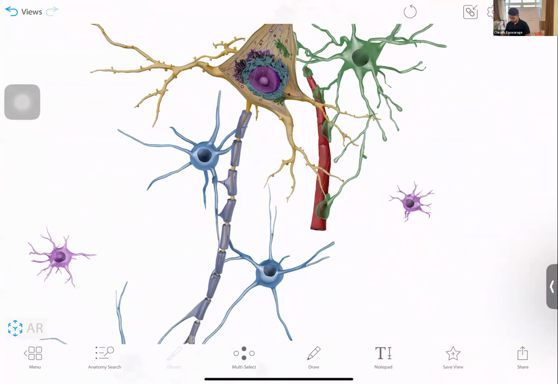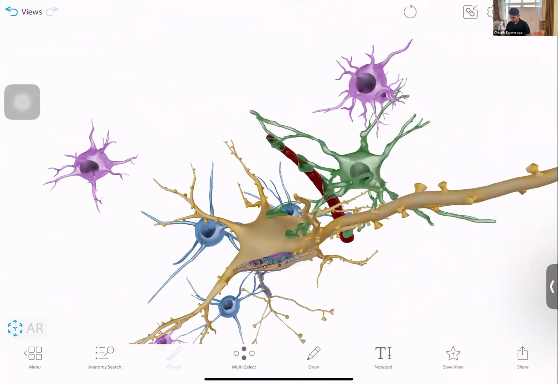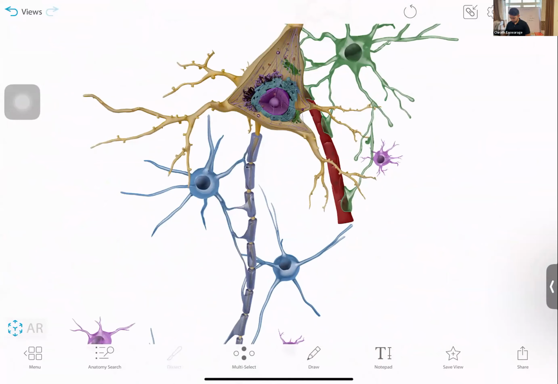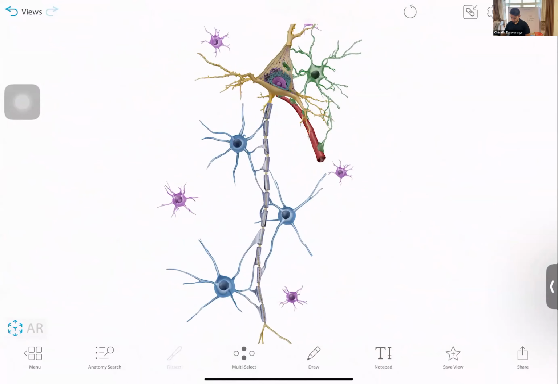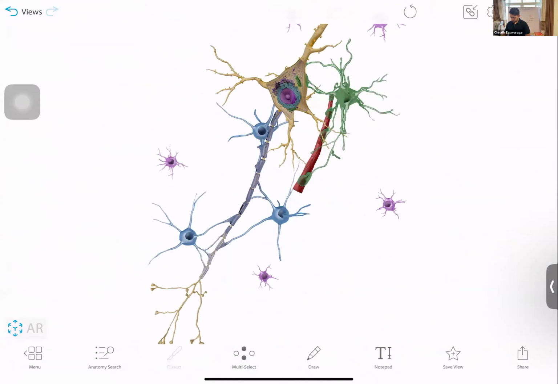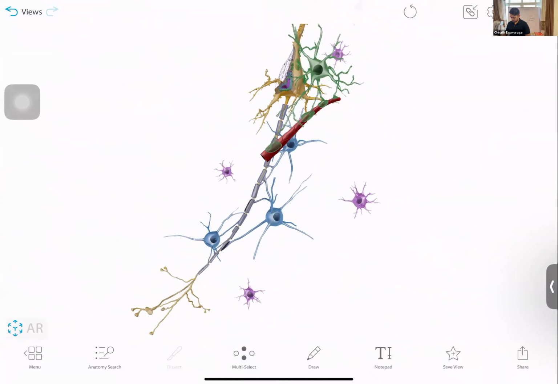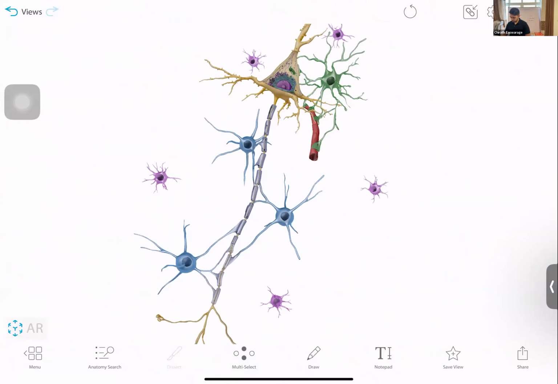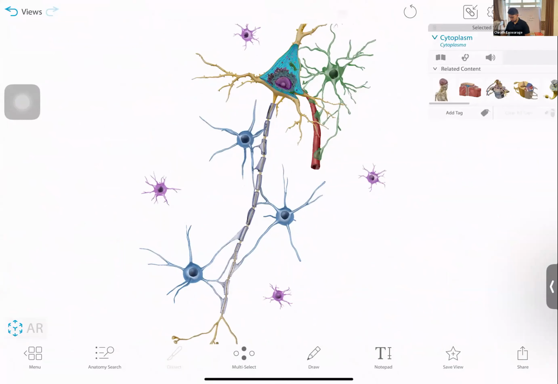A neuron is this. Sorry, this yellow one is the neuron that is in the center. I hope you can see. And can you see how long it is? So the entire thing is the neuron. The other blue and purple colored cells are just supporting cells. This is the neuron. They are very long, right?